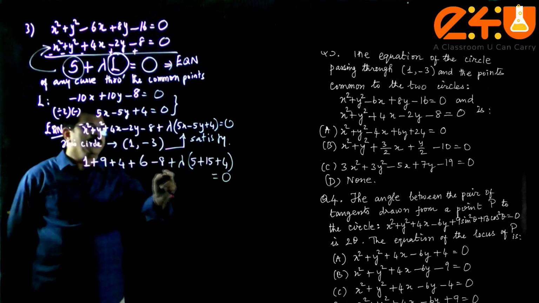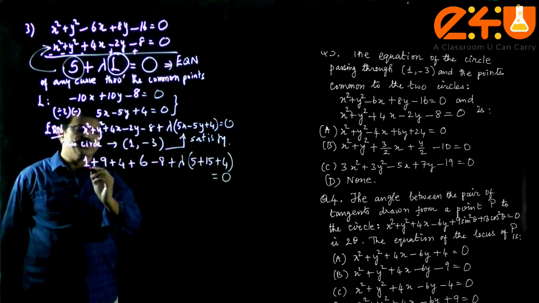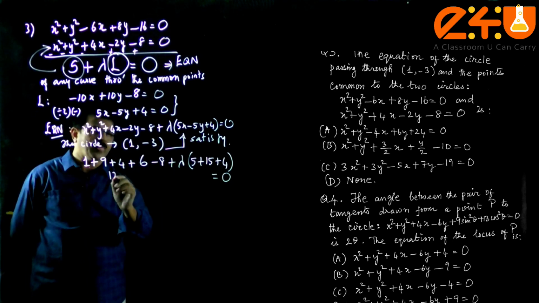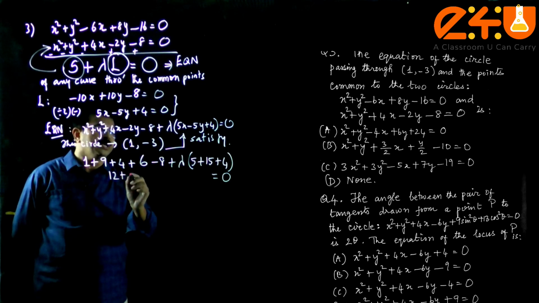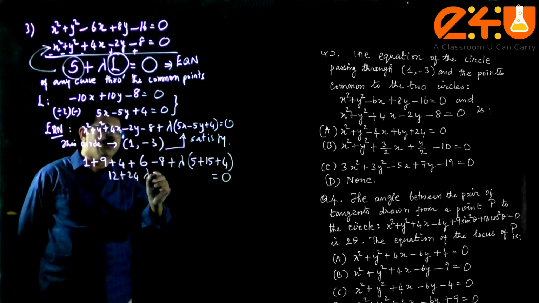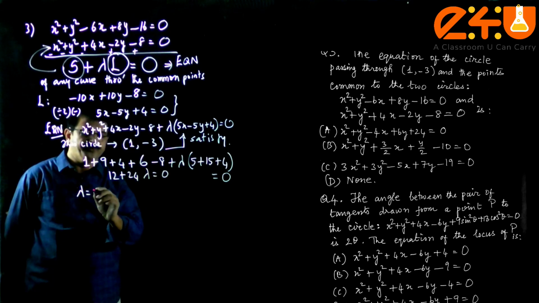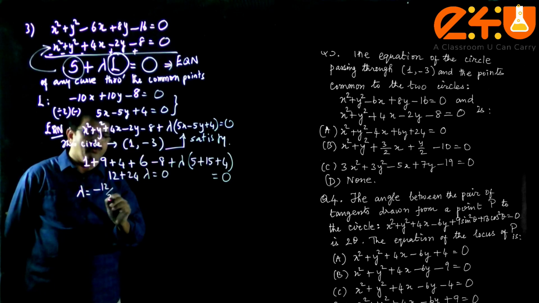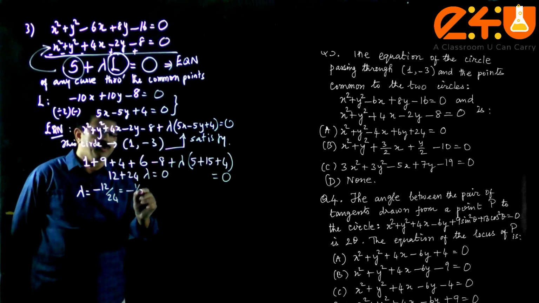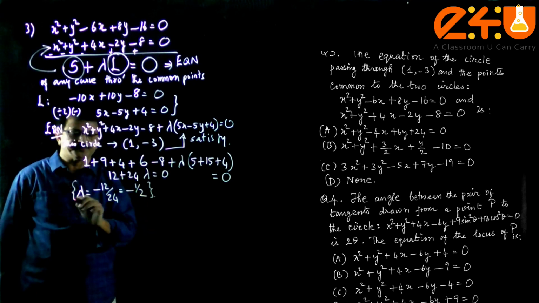So here you can see the answer. This is 14, 20, 12, okay, plus 24 lambda is 0. In other words, you get the answer for lambda as minus 12 over 24, which is minus 1 by 2.